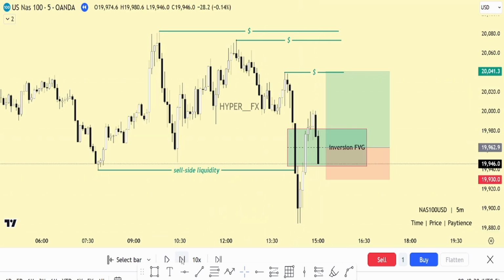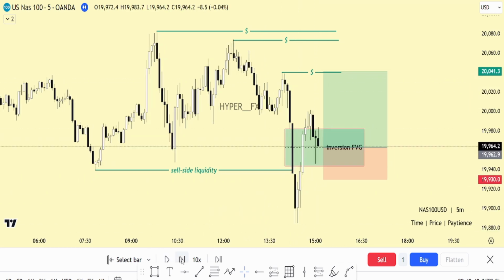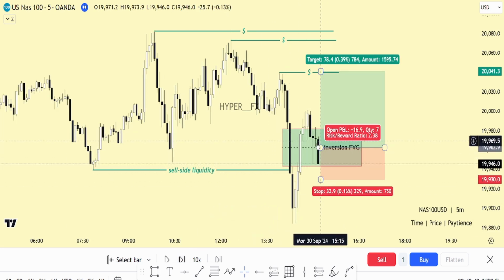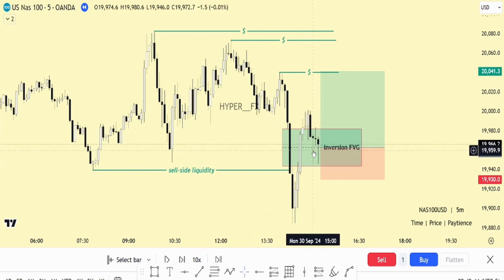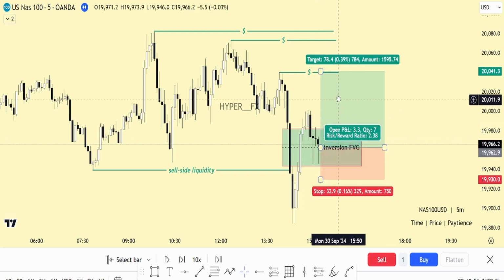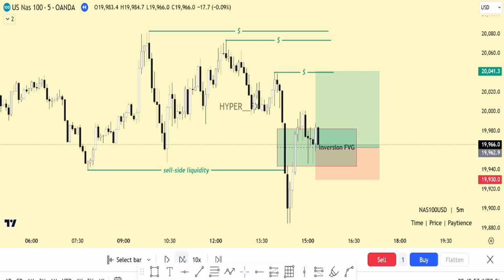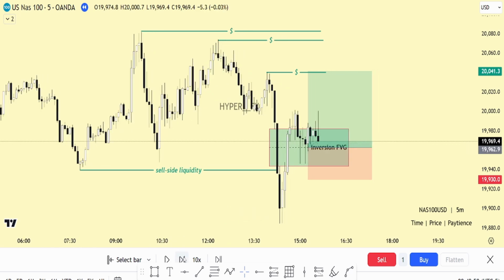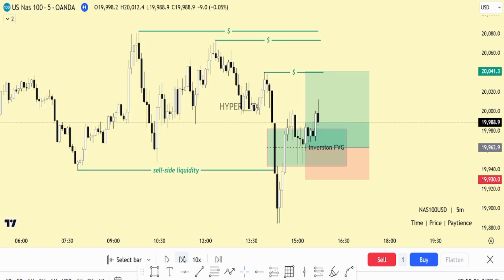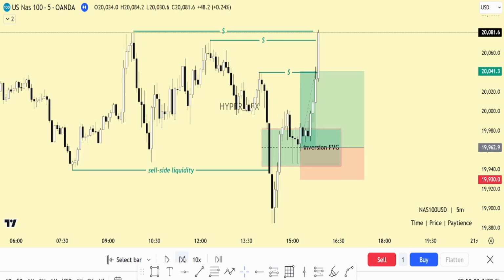Let me even know whether price gives us an entry. Okay, it gives us an entry right here. So we have started to see a consolidation that happens within this price range. So we now expect price to continue to send price to all these open highs and open lows.